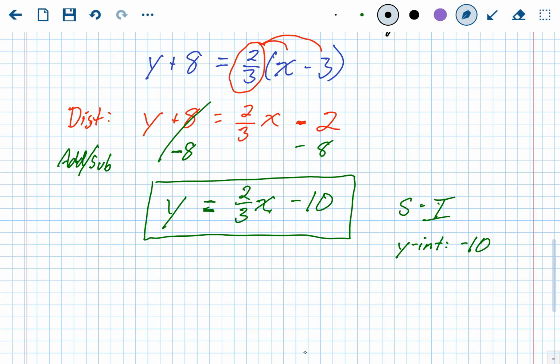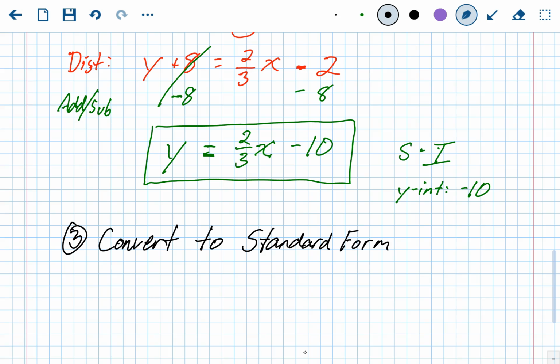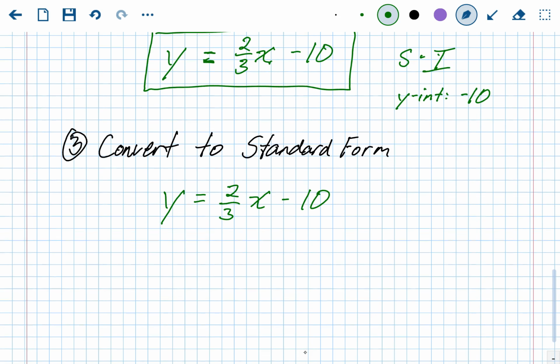All right, and then our third form, so we've done point-slope, we've done slope-intercept. Now we're going to convert from slope-intercept form to standard form. So I'm going to write out my slope-intercept form again. And as I do that, recall what standard form is. Ax plus by equals c. All your variables have to be on the left side.